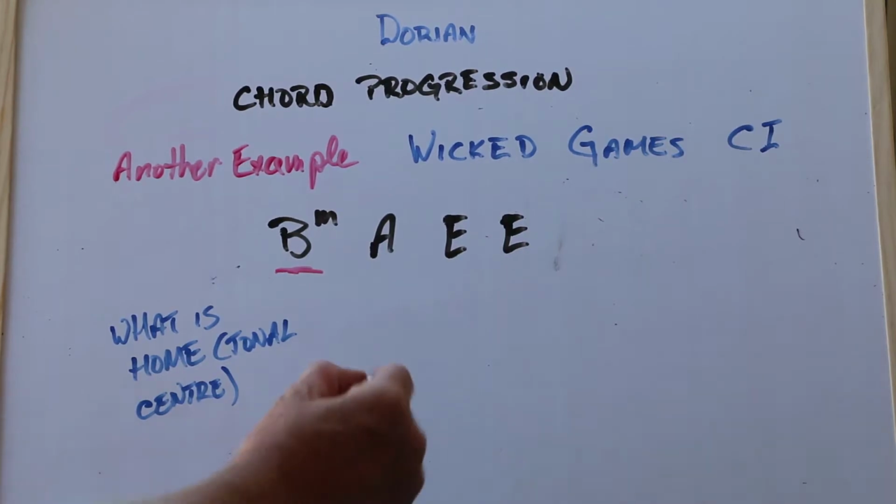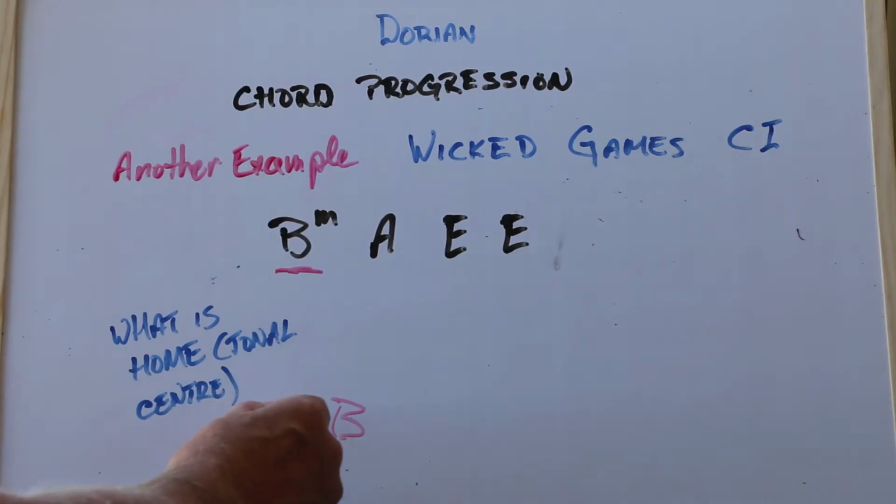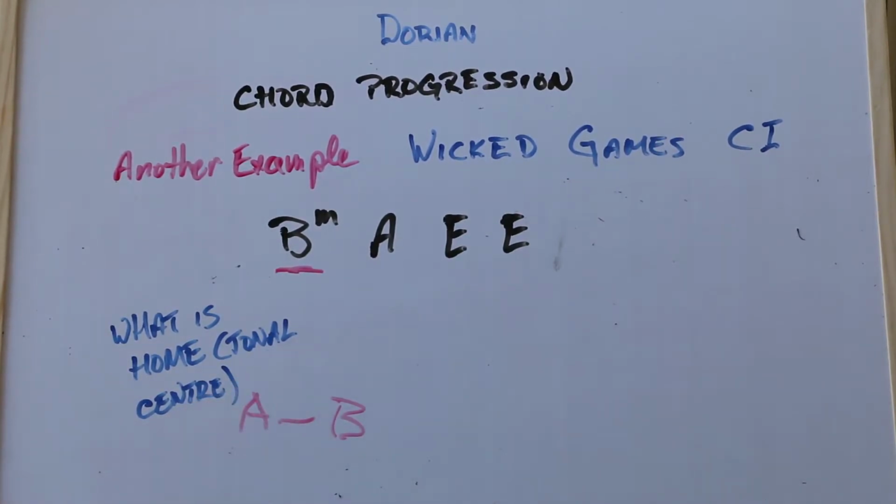B is the 2 of what major scale? Well, there's a step between the 2 and the 1, so A major is the corresponding major scale of B Dorian.